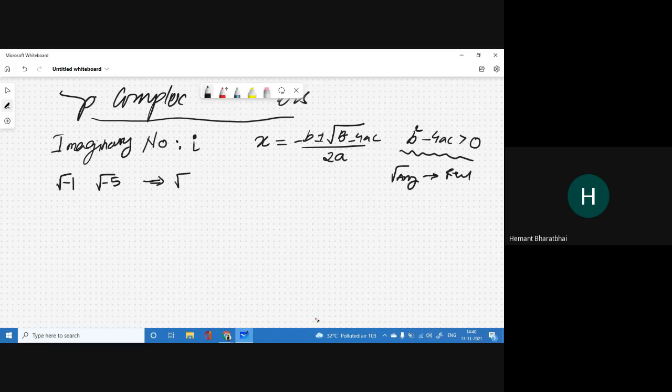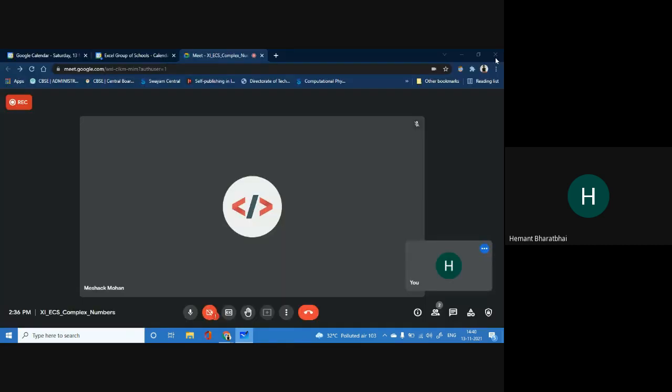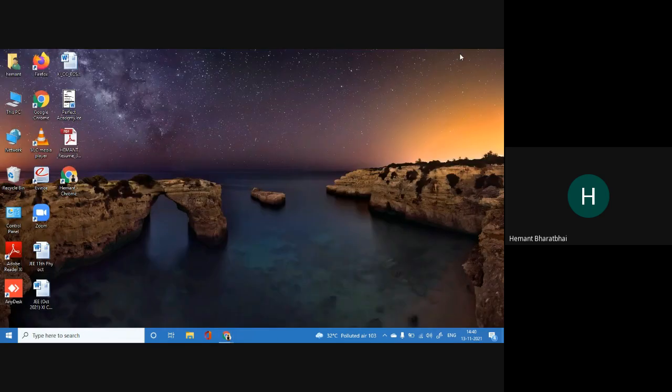The square root of minus 1 is denoted by i.